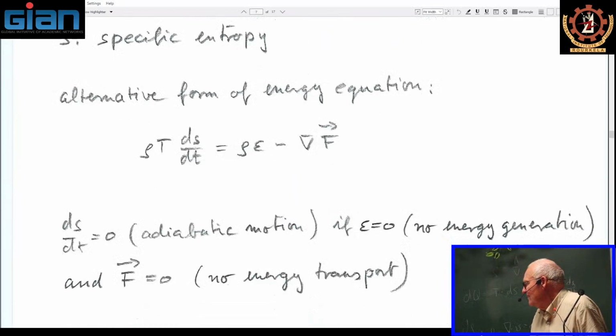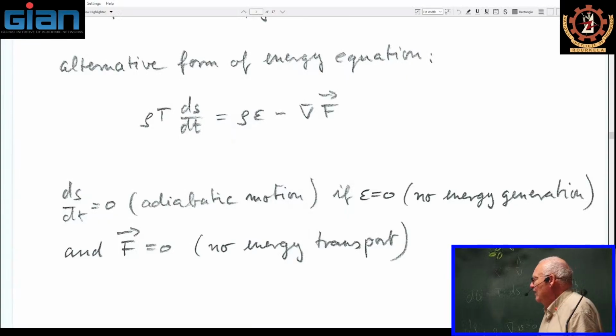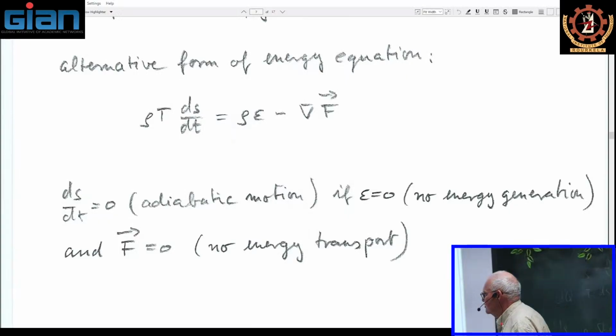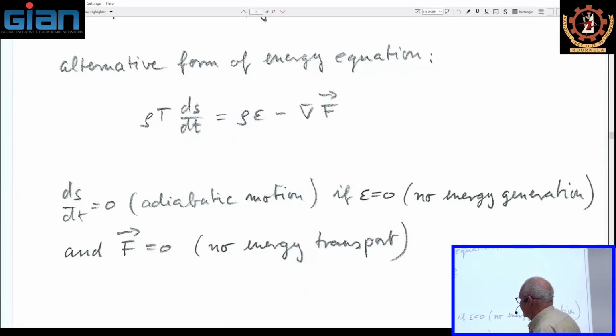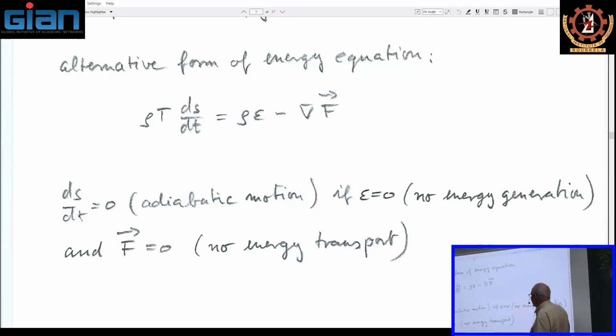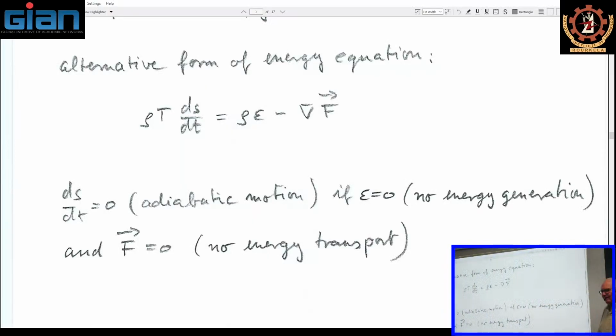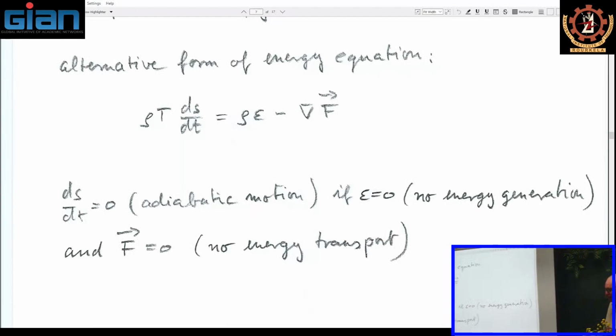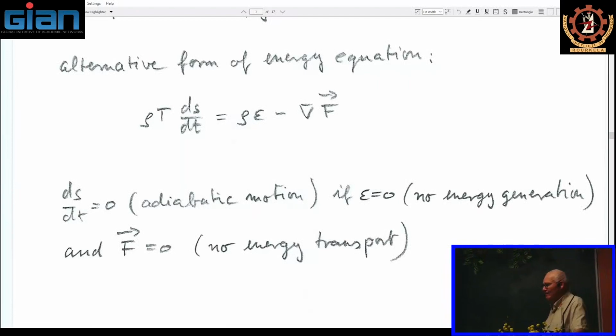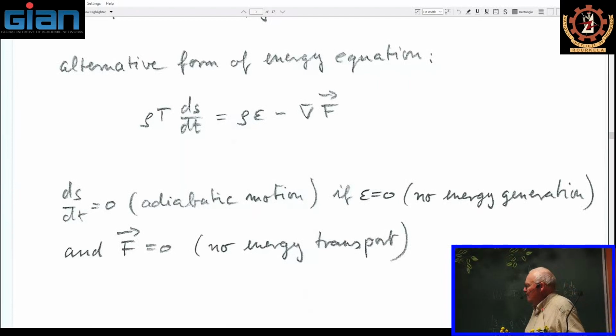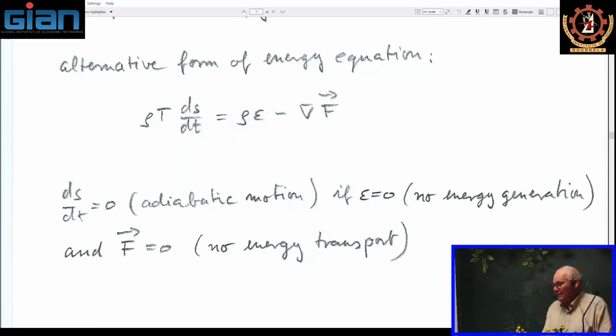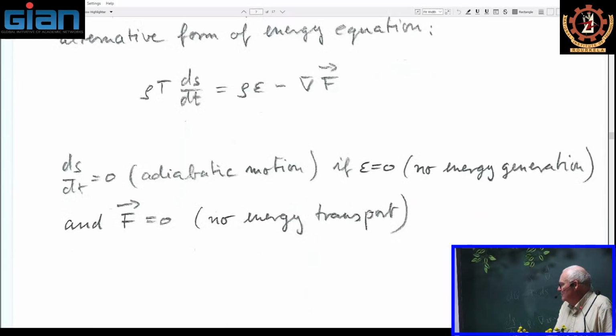So if there is no energy transport, or the divergence of the heat flux is zero, and if epsilon is equal to zero, then entropy doesn't change, and we have an adiabatic motion. Okay, this is a special case of this equation.